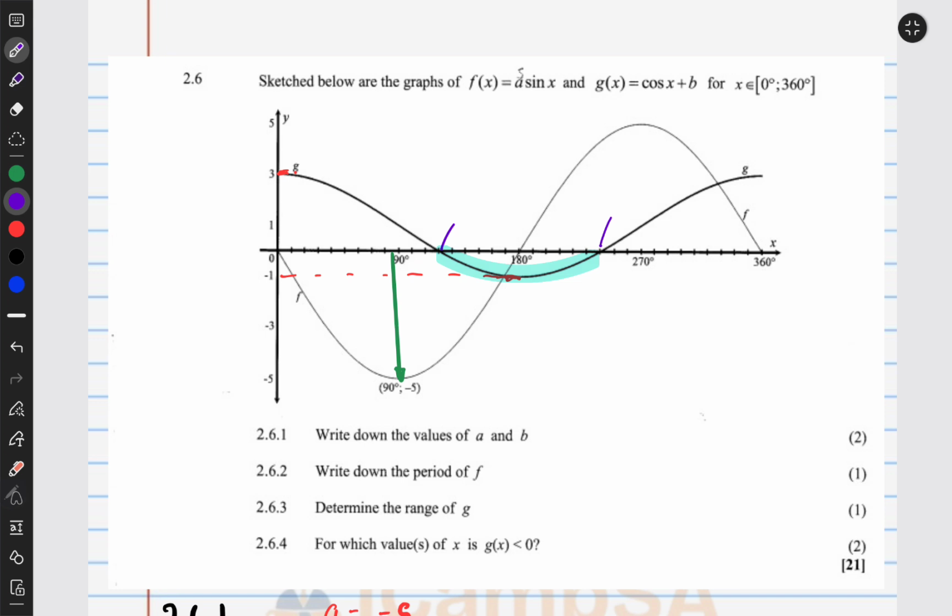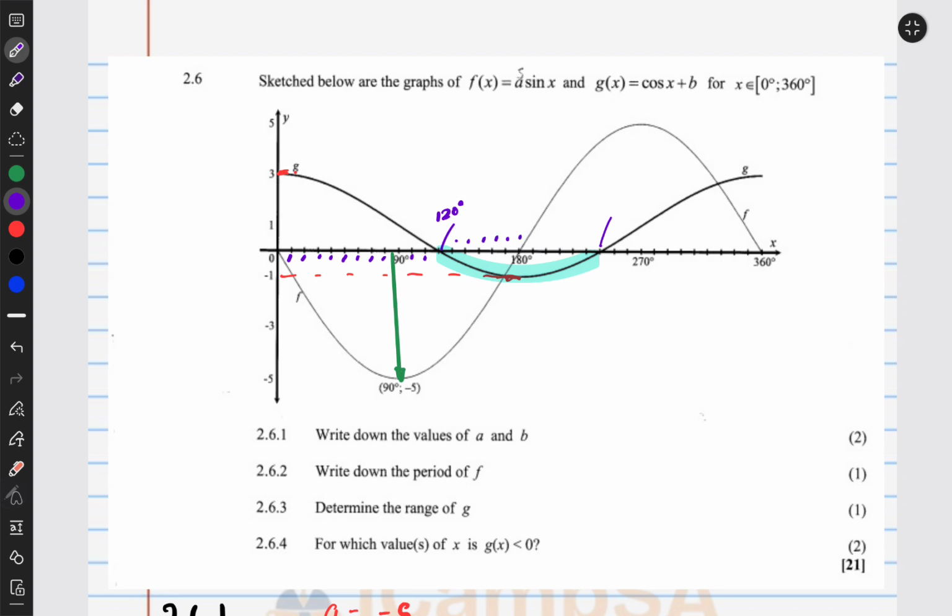It seems as if the intervals here are going to be 10. Let's say 10, 20, 30, 40, 50, 60, 70, 80, 90, 100, 110, 120. There we have 120 degrees, 130, 140, 150, 160, 170, 180.